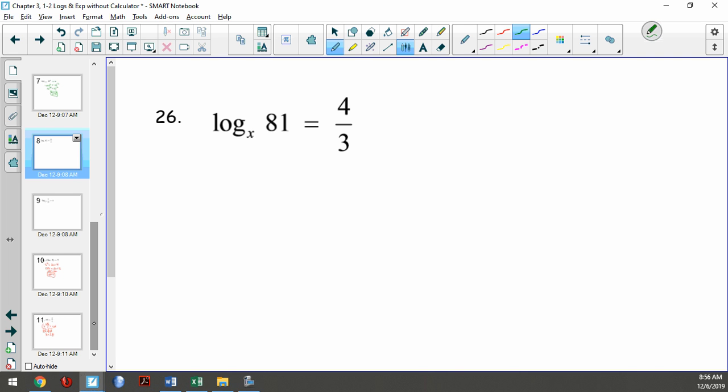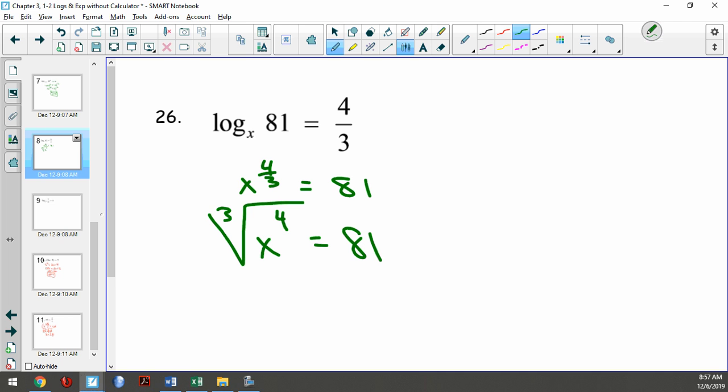How do I write this? x to the 4/3 is equal to 81. How do I get rid of a power of 4/3? Okay, well, let's take this out of power of a root. How about we make this x to the power of 4, and the cube root of that is equal to 81, correct?